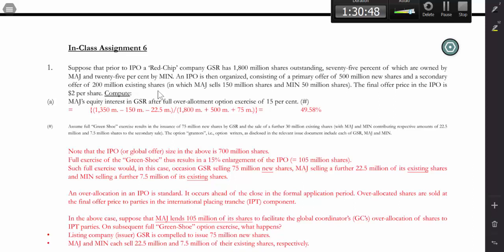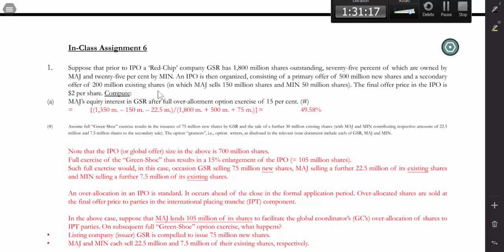So here's a typical IPO situation where there were 1,800 shares already existed, and 75% of that is owned by the majority shareholder and the other quarter by the minority.